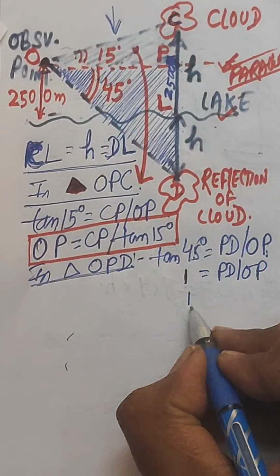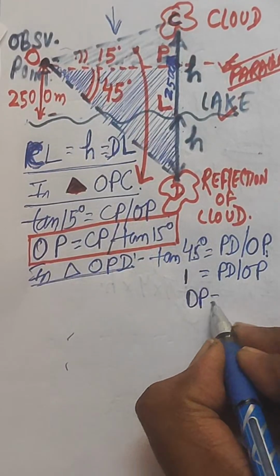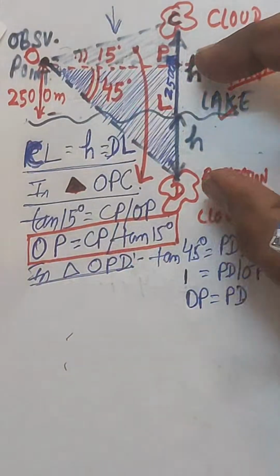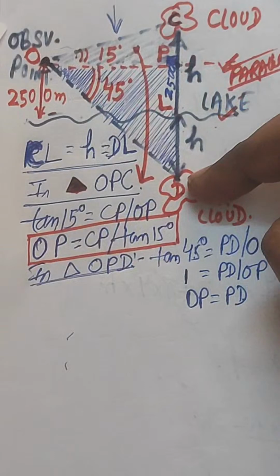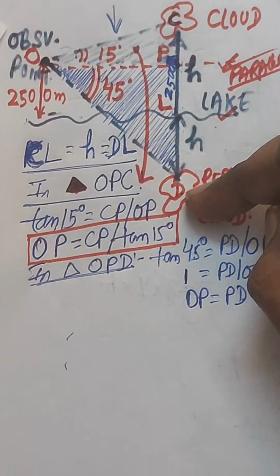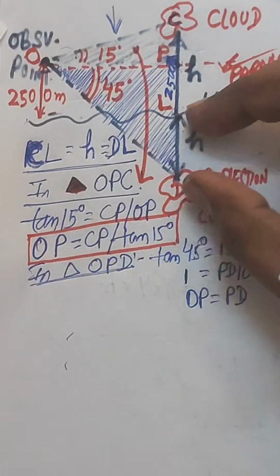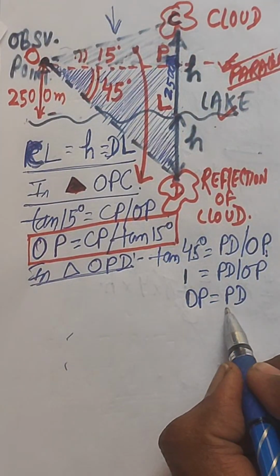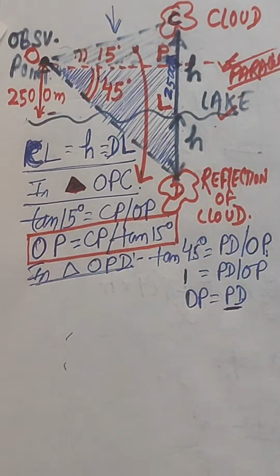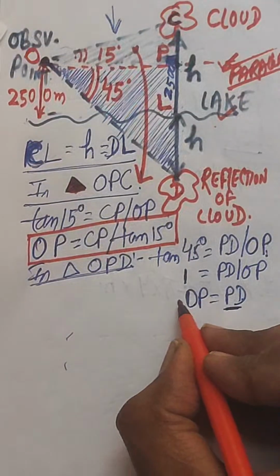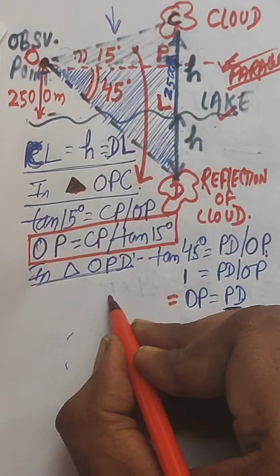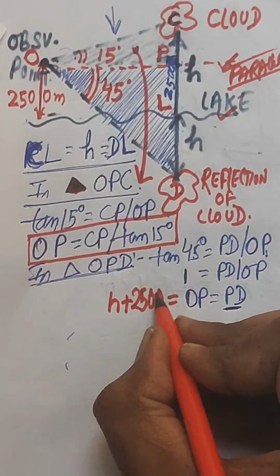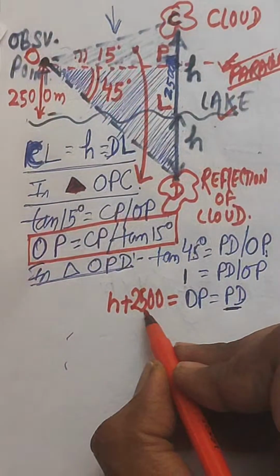Then we can say that OP is equal to PD, right? And what is PD? This is P, this is D. PD is nothing but H plus 2500, right?